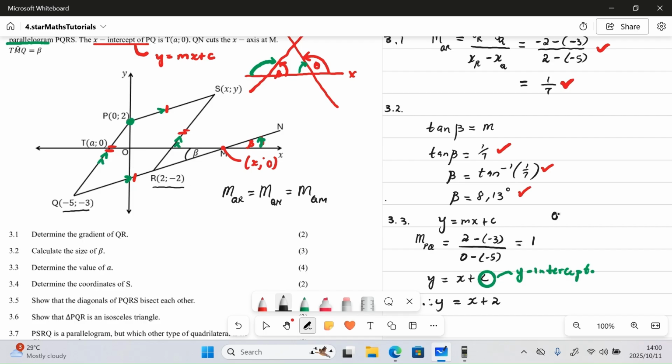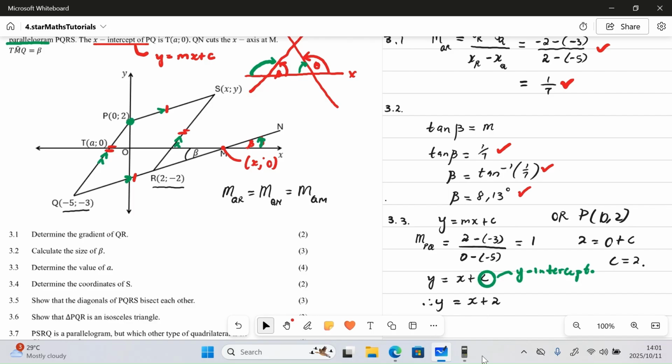Or you can still prove it. You choose any coordinate. You can choose coordinate P, or you can choose any coordinate like 0 and 2. Then what is the value of y? The value of y is 2. The value of x is 0, plus c. Then c is equal to 2.